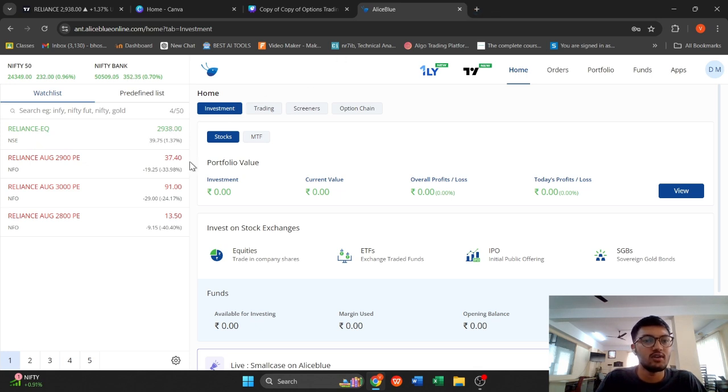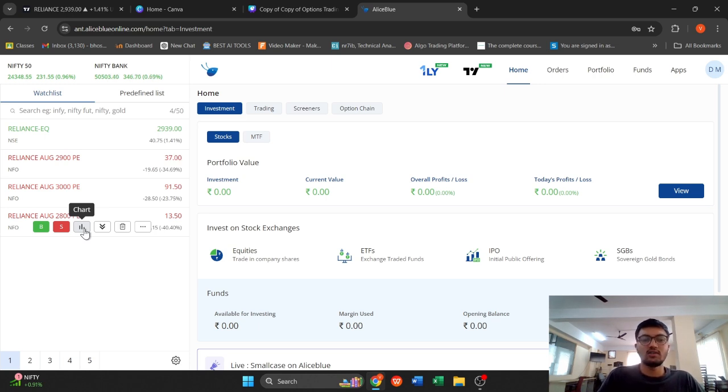The difference turns out to be 62. 62 is the intrinsic value plus whatever is left will be the time value of this contract. So the in the money contract has intrinsic value plus the time value, and out of the money, in case of 2800, this contract is only having the time value.